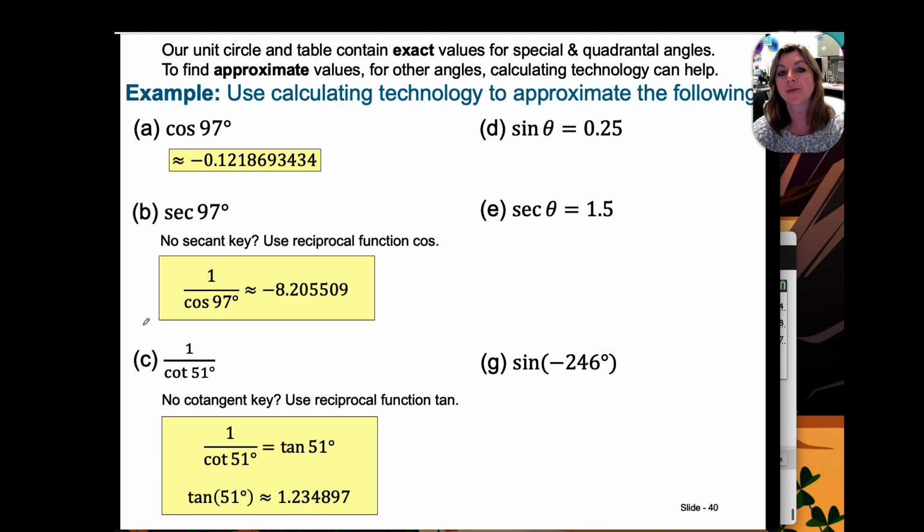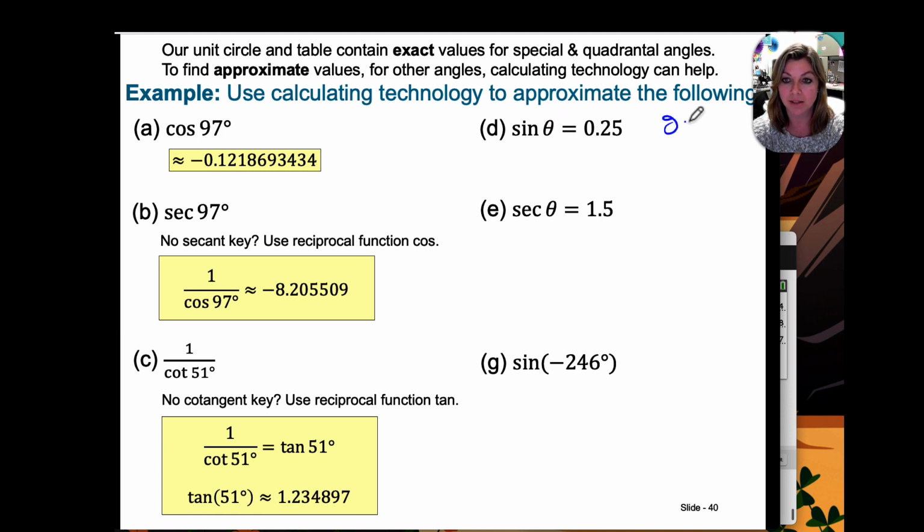Next one, use calculating technology to approximate sine of theta equivalent to 0.25. This question is not asking us to find the value of sine at some angle. It's asking us, if the value is 0.25, what is the angle for sine? So we need to take the inverse function to isolate theta.